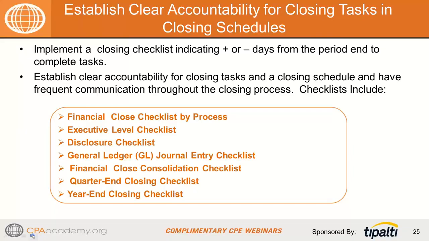Financial close checklist, which is sort of a generic one, executive level checklist, disclosure checklist, GL journal entry checklist, financial close consolidation checklist, quarter end closing and year end closing checklists are also something to consider. And many companies that are following best practices have these types of templates or checklists in place, and those are speeding up the close.